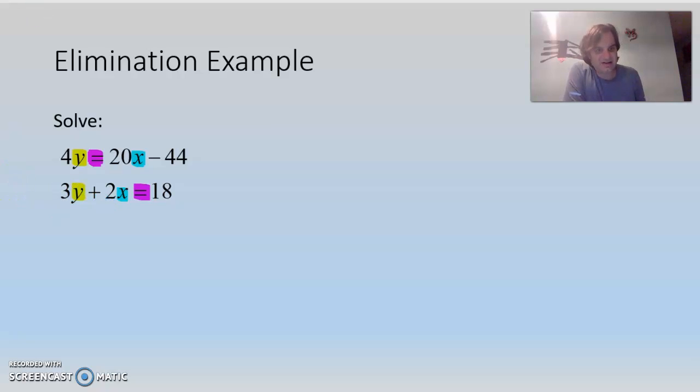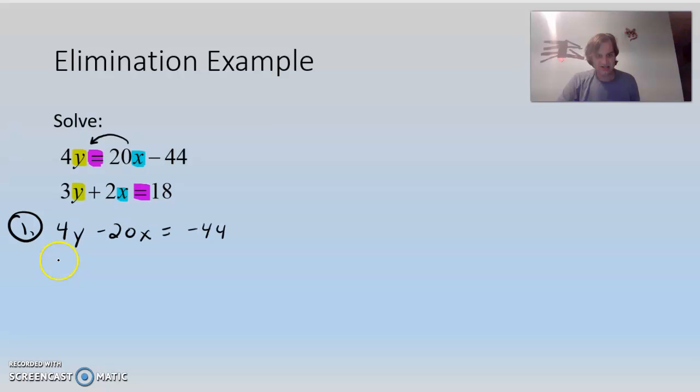So since it doesn't matter, I'm going to bring the x term over in the first one. So it'll be 4y minus 20x equals negative 44 over 3y plus 2x equals 18.